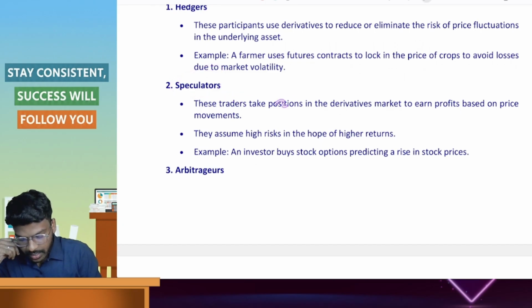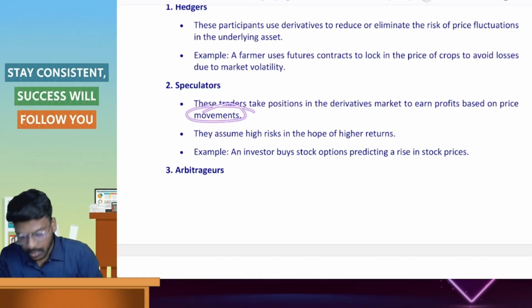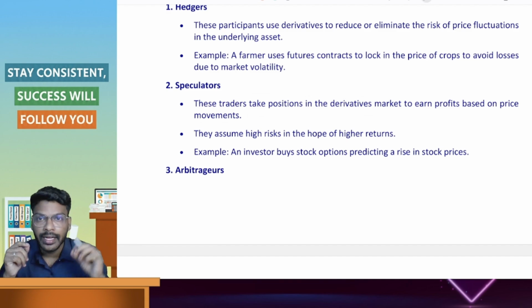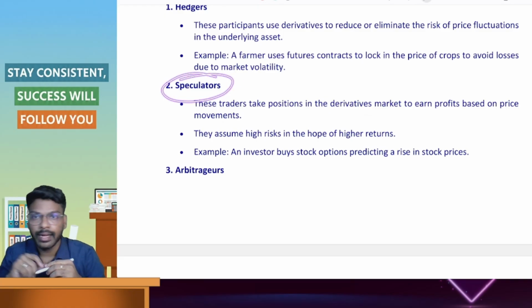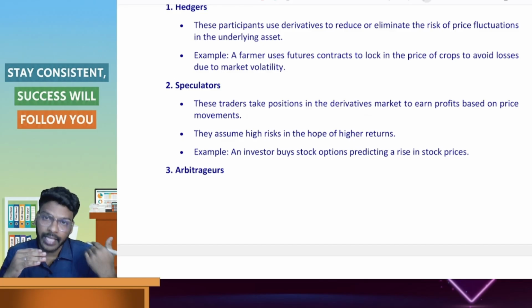Speculator. These traders take positions in the derivative market to earn profit based on price movements. Speculation is they will enter into intraday transactions. Okay, they are called speculators. They will buy the shares and sell the shares to get the gain.